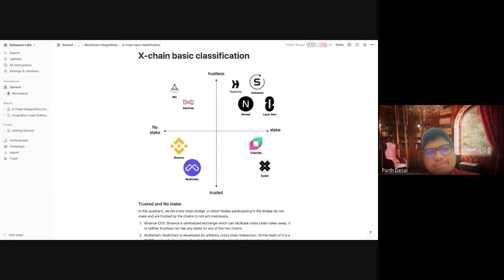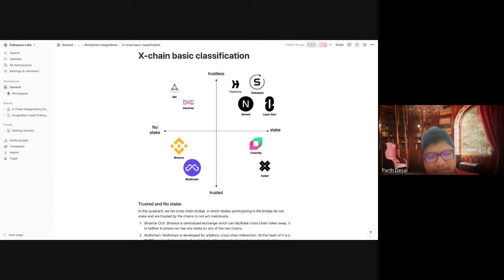When I'm talking about the bridge, I'm talking about the relay itself, which is transmitting messages across. In trusted and no stake, there is no stake held by the relayer on either chain, and the relayer is trusted, whether it is a single relayer or a set of relayers, as in the case of Multichain.